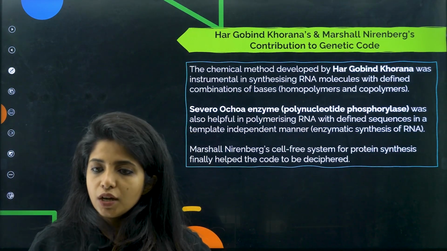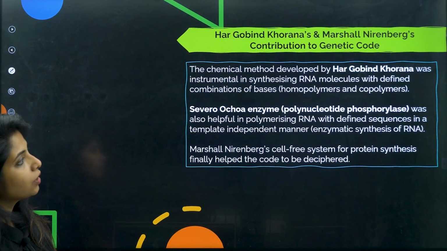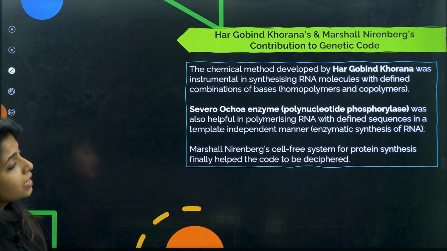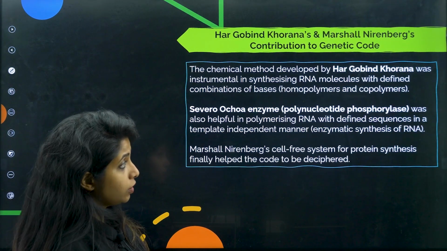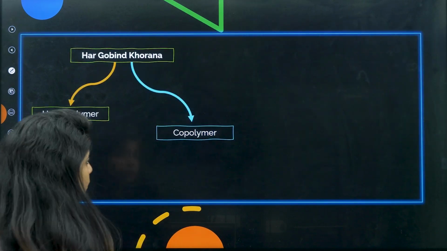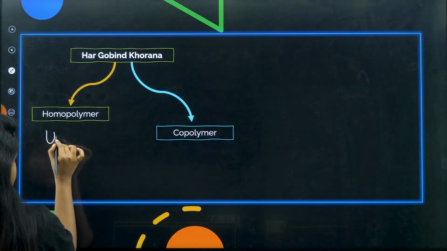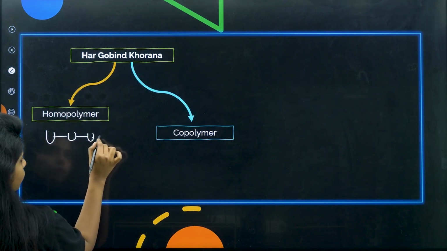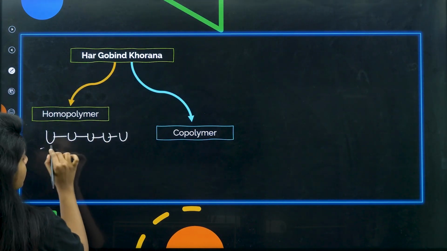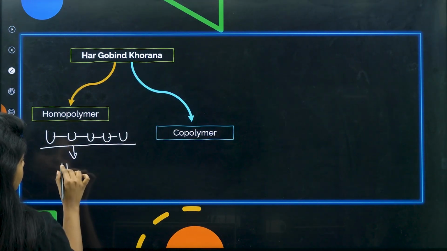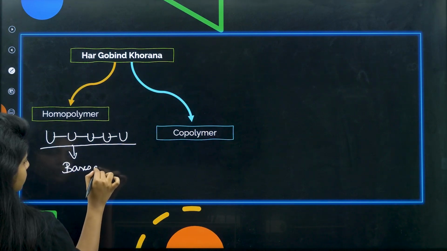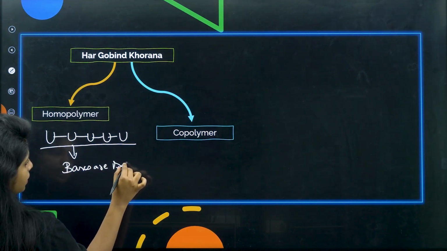What did they do? So basically, the chemical method developed by Gobind Khorana was instrumental in synthesizing RNA molecules with defined combinations of bases, homopolymers and copolymers. What did this guy do? He made polymers. He made homopolymers, as in all the bases are the same.